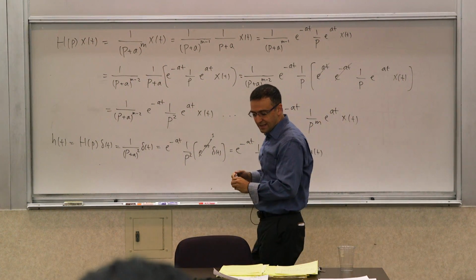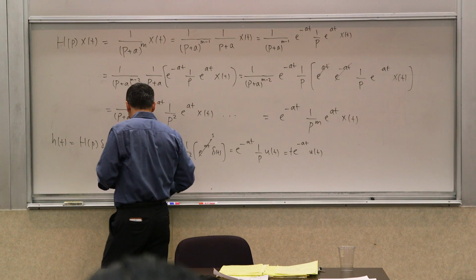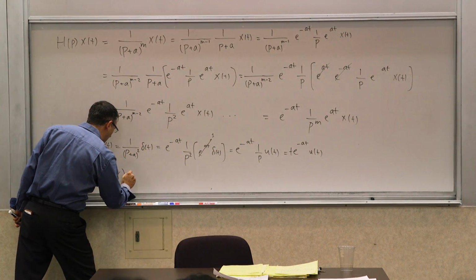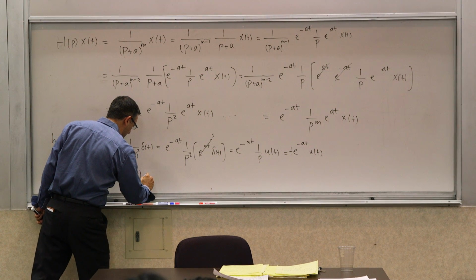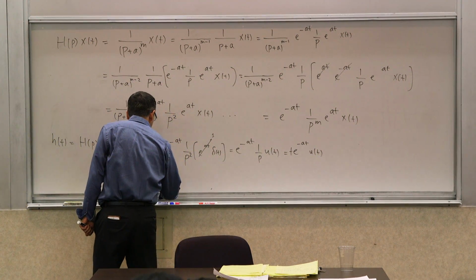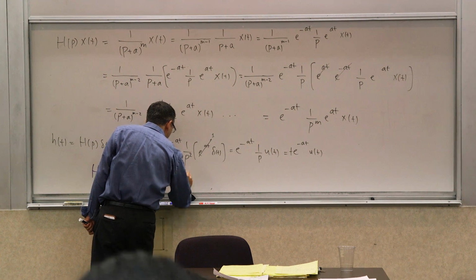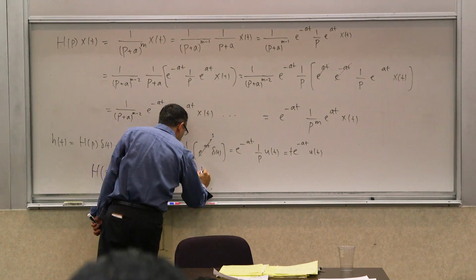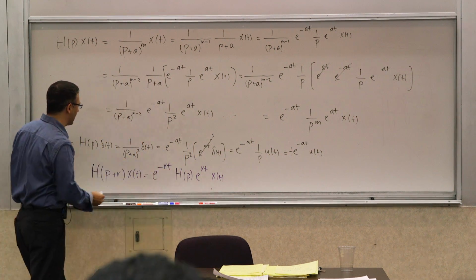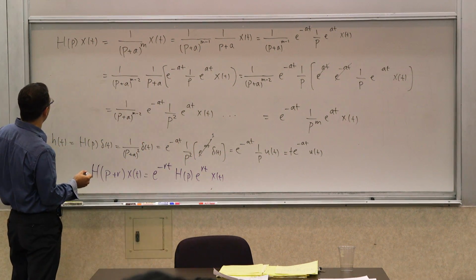Now, the interesting thing is that in general, you can show that h of P plus R operating on x of T is equal to e to the negative RT h of P e to the RT x of T. So this is a more general expression. How is this more general?